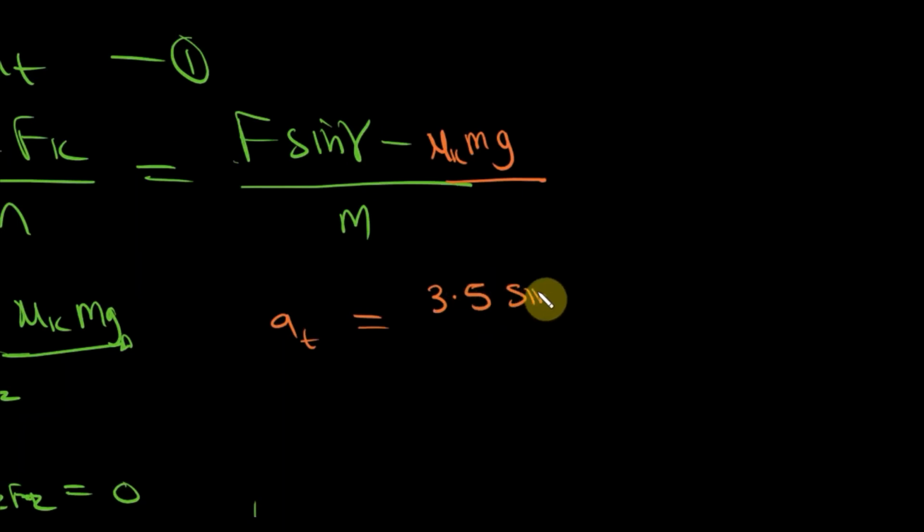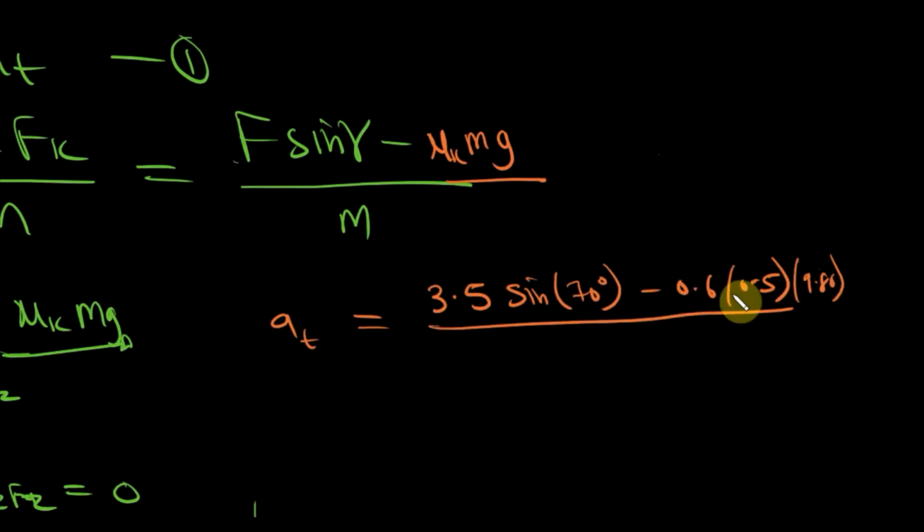3.5 sine 70 minus 0.6 times 0.5, which is our mass because it's 500 gram, multiplied by 9.80. Let's take gravity as that. G is 9.80 meters per square second.